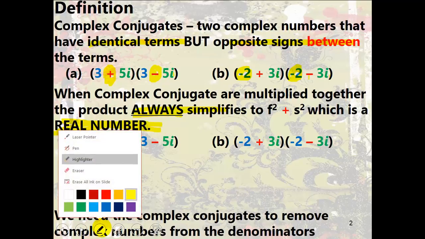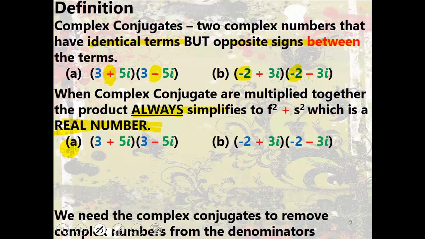So let's try this. Eli's whining in the background. All right, so we learned how to multiply two complex numbers together, so let's do it. 3 times 3 is 9. 3 times -5i is -15i. 5i times +3 is plus 15i. And then positive 5i times -5i is -25i squared.